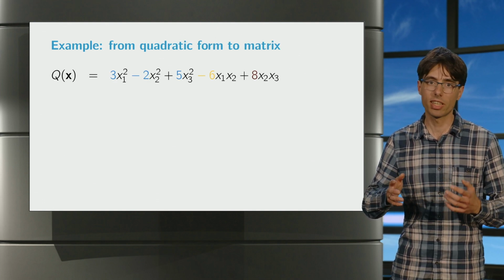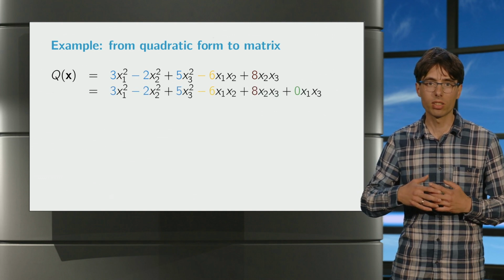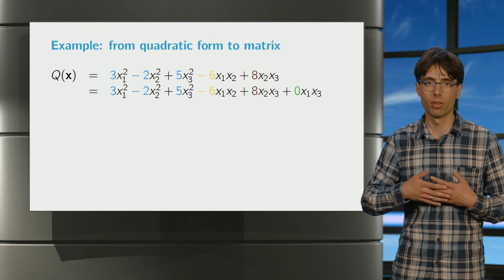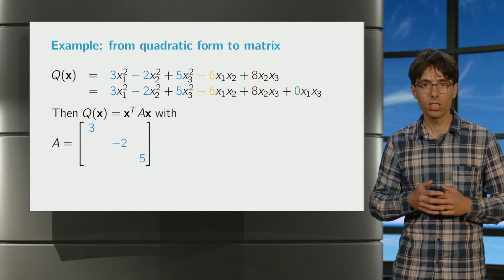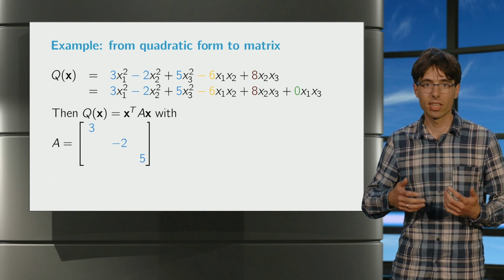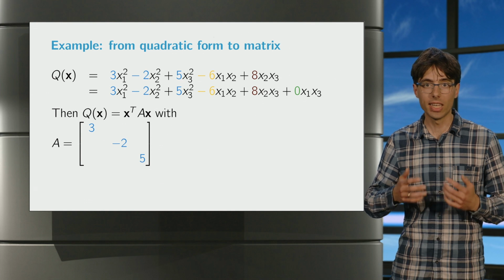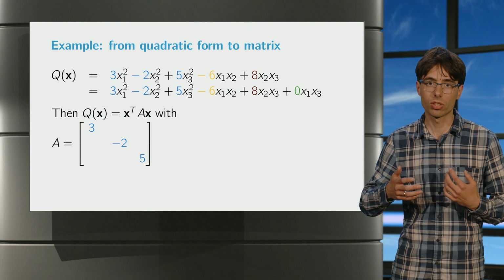Consider the following quadratic form. To make the computation more clear, we also write down the missing x1x3 term. In order to write q of x as x transpose Ax, we note that the coefficients of the squares need to come back as the diagonal entries of A. Here we have no choice. Now let's have a look at the cross terms.